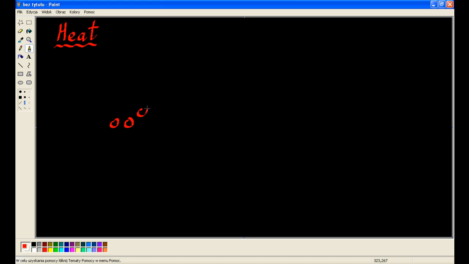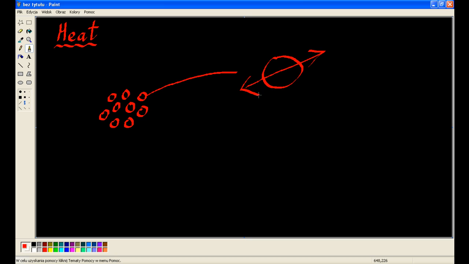Maybe there's some molecules inside there. Well, there are molecules inside the metal, or they're atoms of metal, perhaps. Okay, and if we have a look at just one of these, there it is. There's the atom or the molecule. What actually happens is the molecule starts to vibrate. It starts to move from side to side.